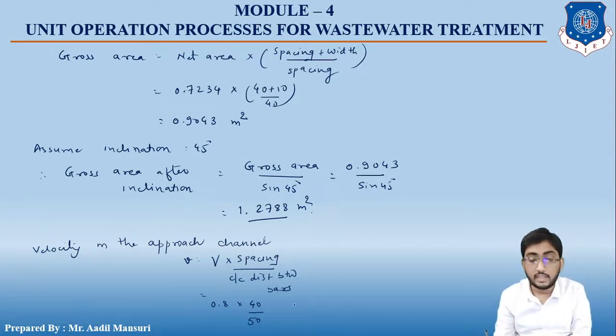Okay, and this will be equal to 0.64 meter per second. Okay, so the velocity in the approach channel will be lesser than the velocity through screens. Now we need to find out the head loss.